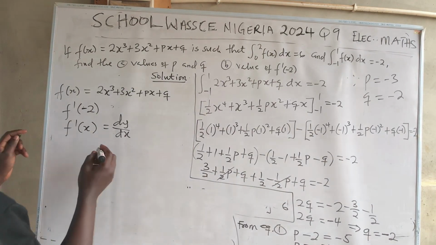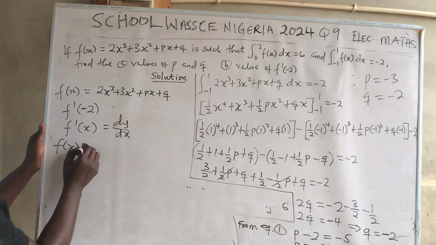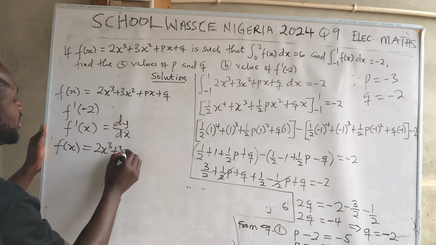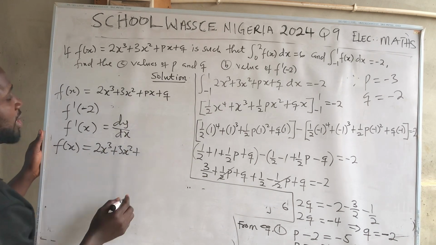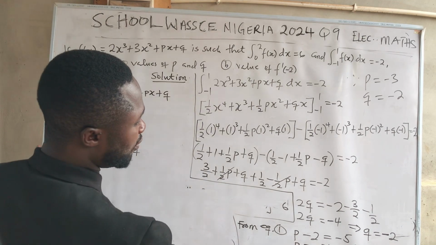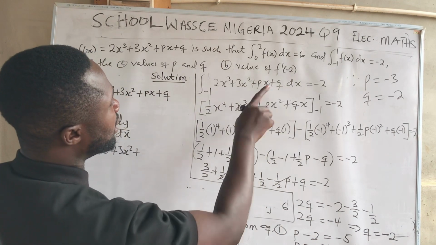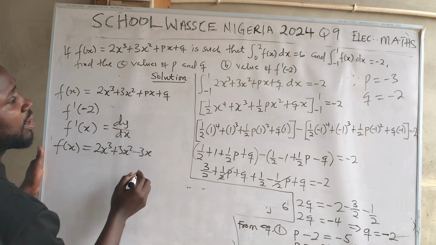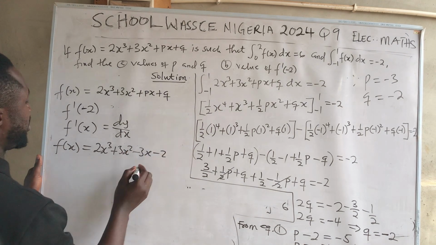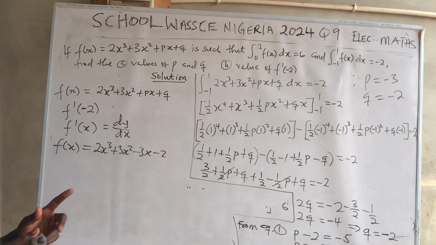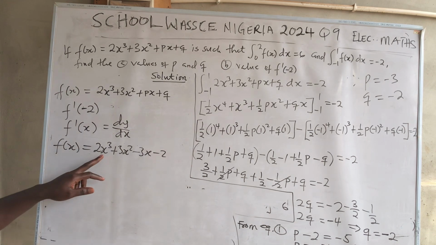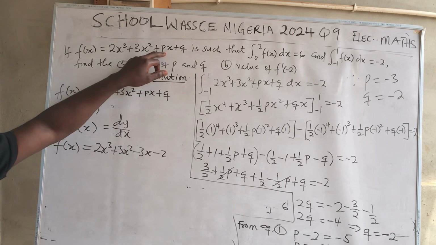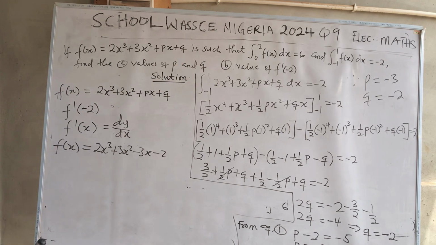What do we get so that we can write our f of x is now equal to 2x cubed plus 3x squared plus, what did we get for P? P is negative 3, so minus 3x, and then Q is negative 2, so minus 2. So this is what we have for our function: 2x cubed plus 3x squared minus 3x minus 2.